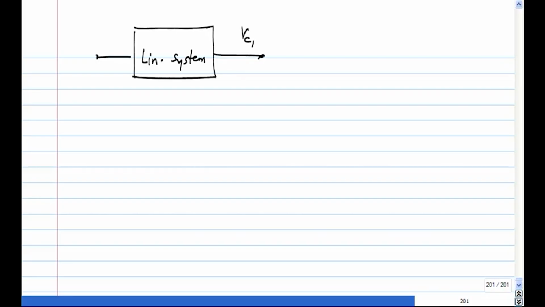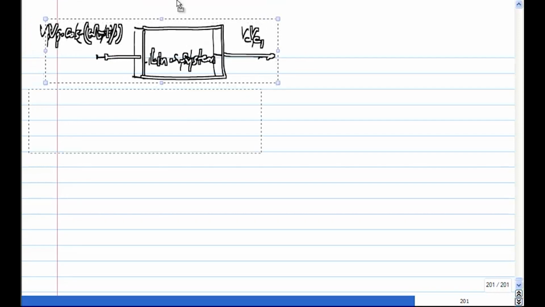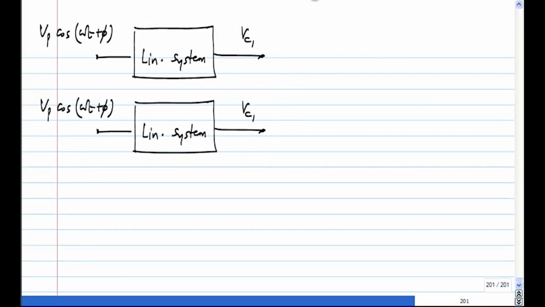So let us say the response is Vc1 to Vp cos(omega t plus phi), and the response is Vc2 to Vp sin(omega t plus phi).